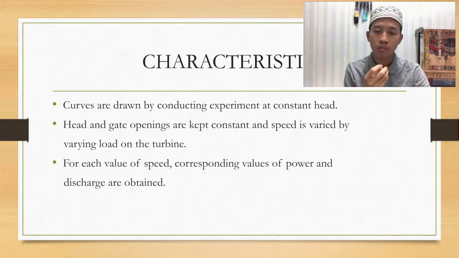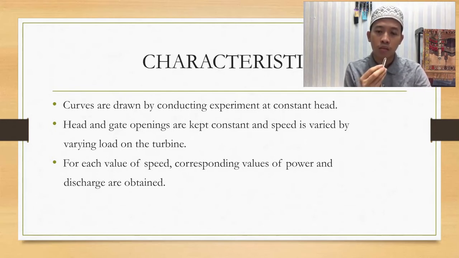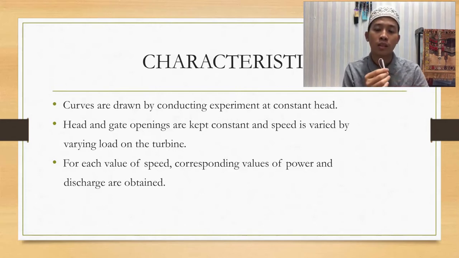Okay, now I will tell you the characteristics of the turbine. For the characteristics, I will explain by the curve for the turbine. The characteristic curves are drawn by conducting experiments at constant head, and the second, head and gate openings are kept constant and speed is varied by varying load on the turbine.